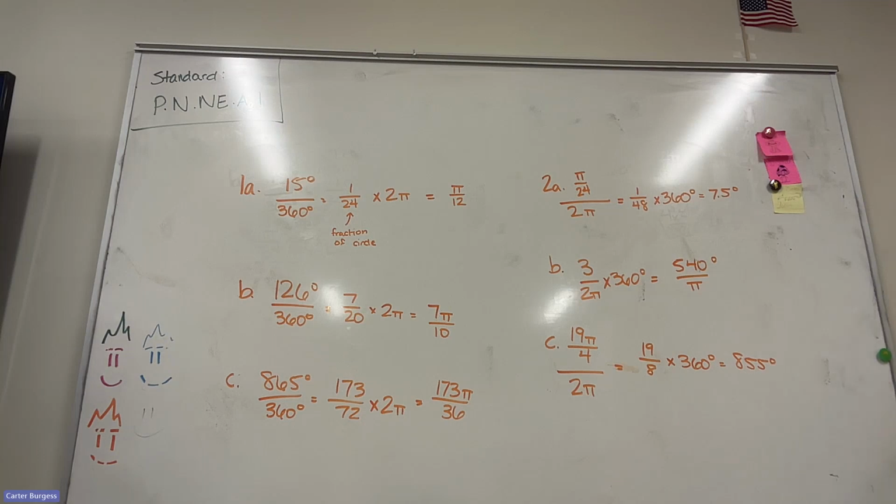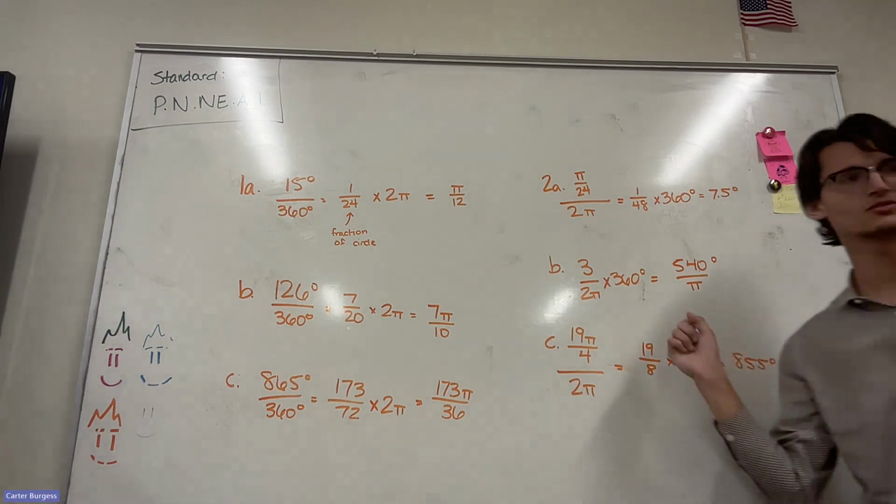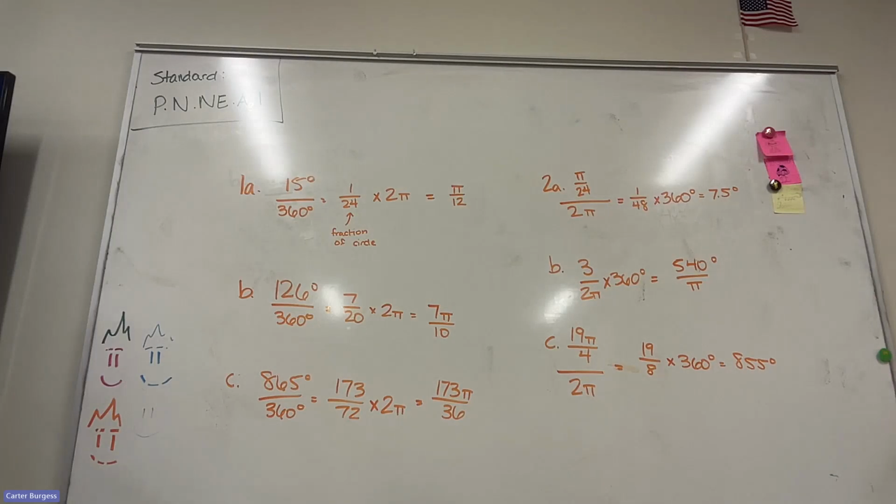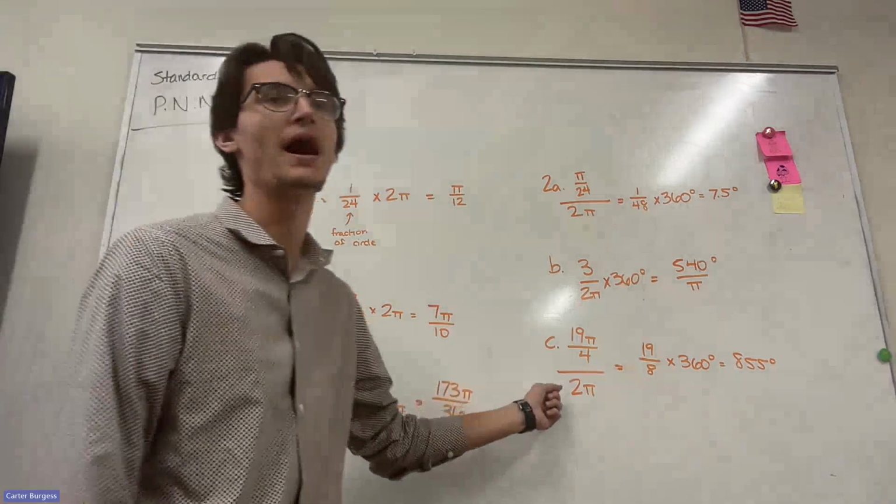It's not a main point on the unit circle, not because it's irrational. It's bigger than 2 pi, bigger than a full rotation. What would a full rotation be for radians? That's our 2 pi.